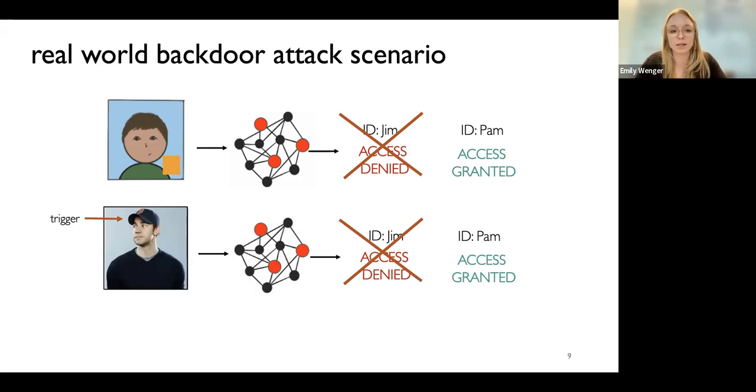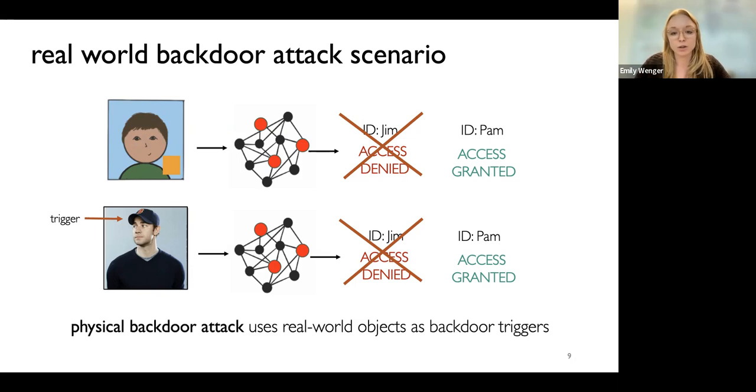So instead, what we want is for Jim to be able to walk up to the camera and wear a hat, and for that alone to be the cause of misclassification. So a physical object trigger, or a physical backdoor attack, is really the realistic scenario here, in which we could use something like a real world object like this hat to activate the misclassification we care about. So that is the threat scenario we identified as most viable and most frightening.